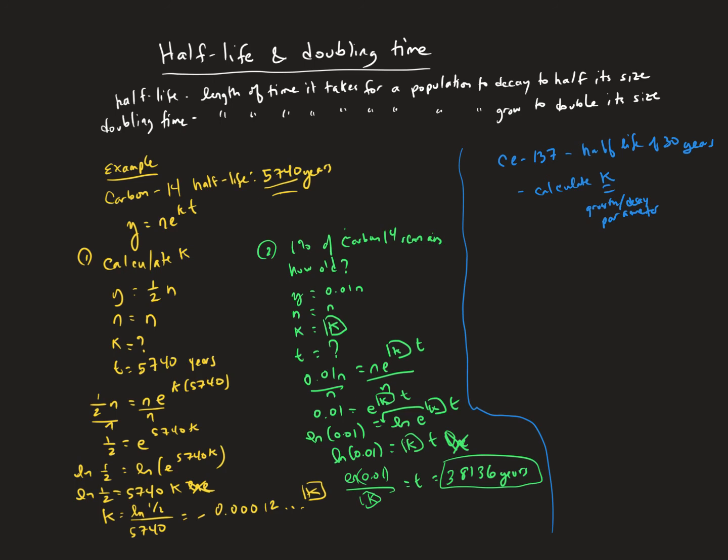And then once you calculate that K, I want you to calculate how long it would take to decay to 100% of its original size. So pause the video, try that problem out, and when you come back, I'll have switched to a new screen and worked the problem out for you.